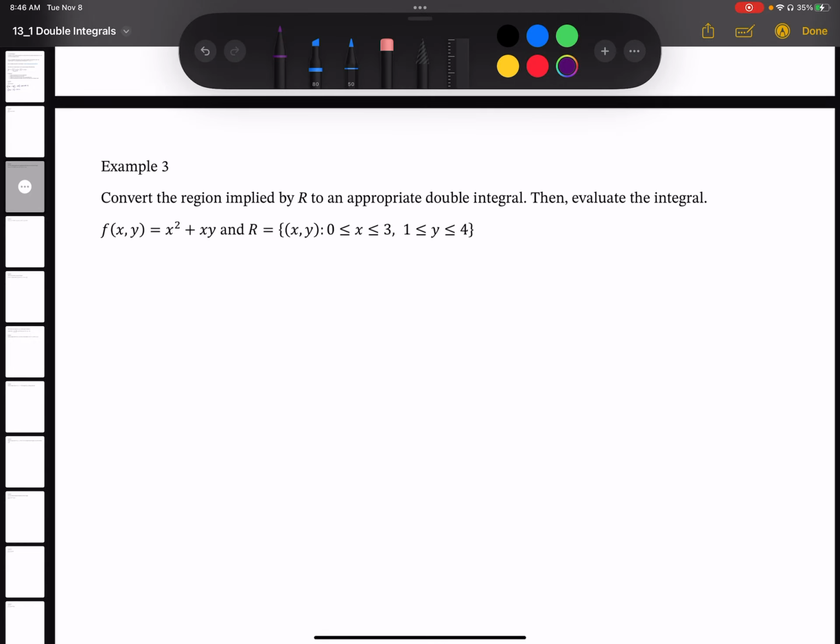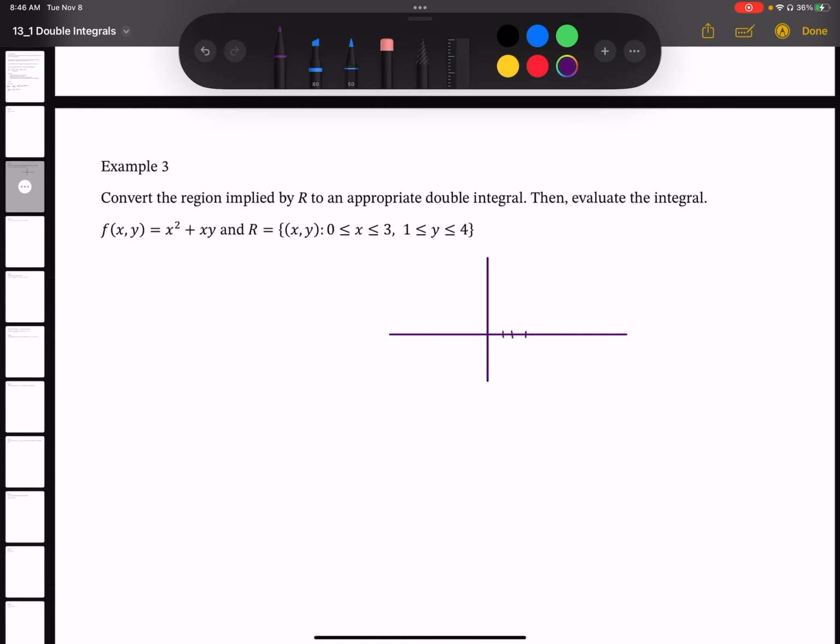What we need to do is convert this implied region R into a double integral. So if we're integrating from 0 to 3 for x and 1 to 4 for y, that means we would have a rectangular region. Who knows how the function looks above it?